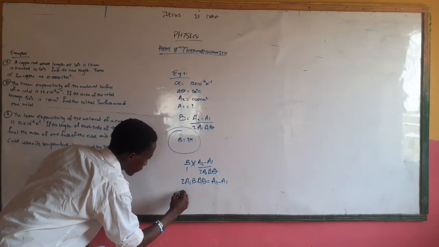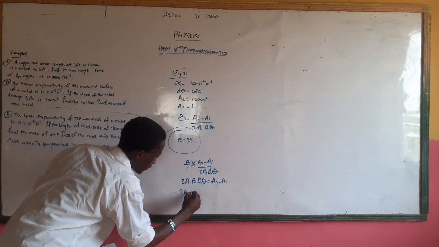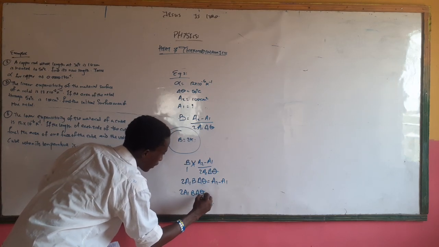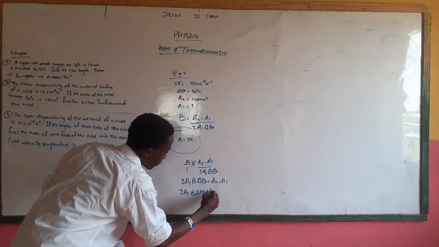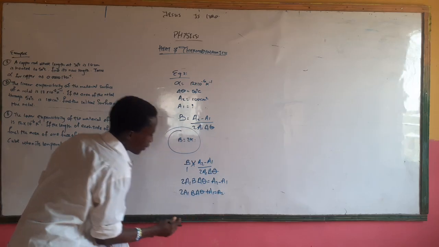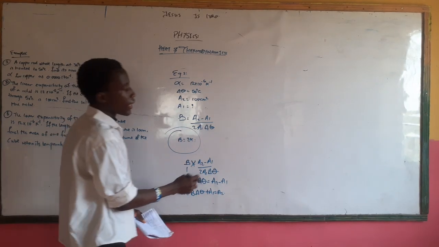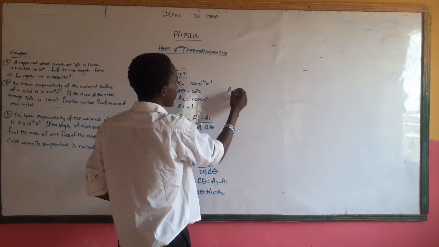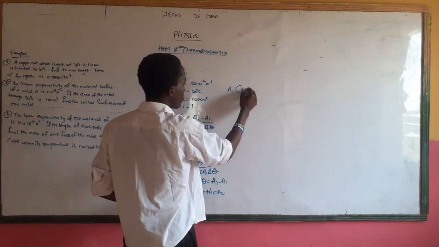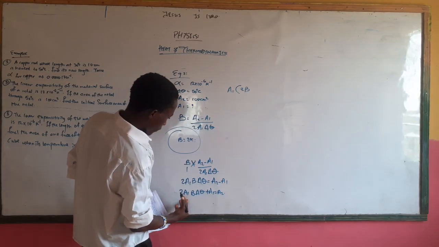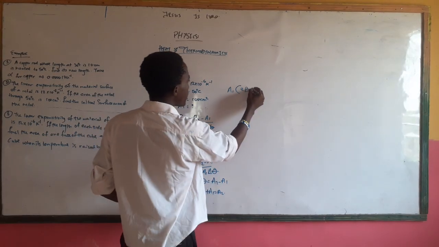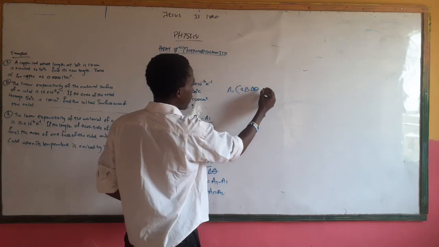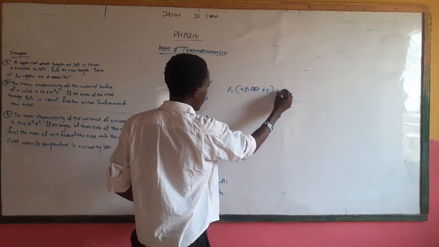So we have 2A1 beta change in theta plus A1 is equal to A2. So we're going to bring out the common term here, that's A1. We have A1 open bracket 2 beta change in theta plus 1 equals A2.